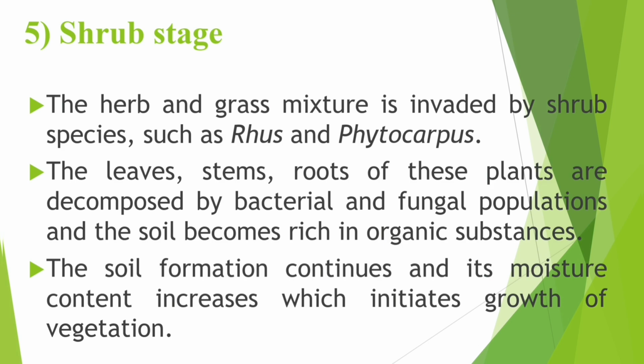The herb and grass mixture is invaded by shrub species such as Rhus and Phytocarpus. The leaf, stem and root of these plants are decomposed by bacteria and fungi, and the soil becomes rich in organic substances. Soil formation continues and its moisture content increases, which initiates the growth of further vegetation. So after the herb stage, the shrub stage appears.